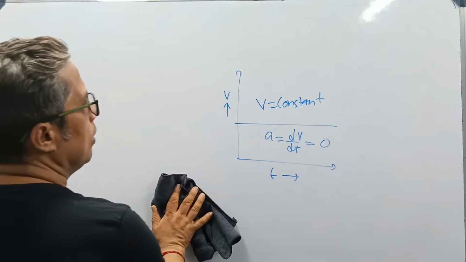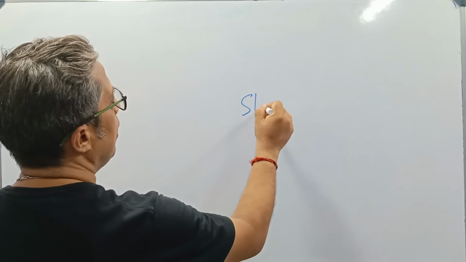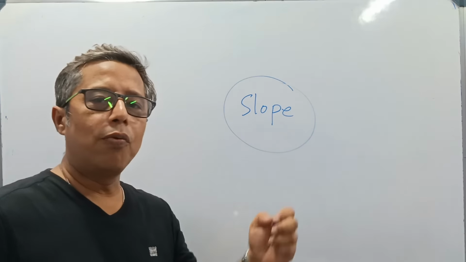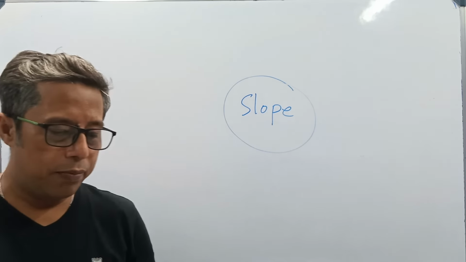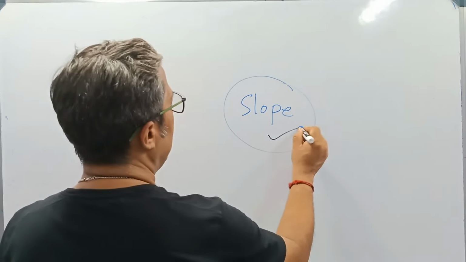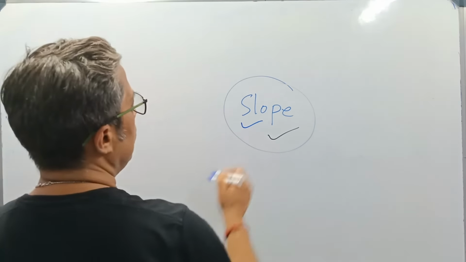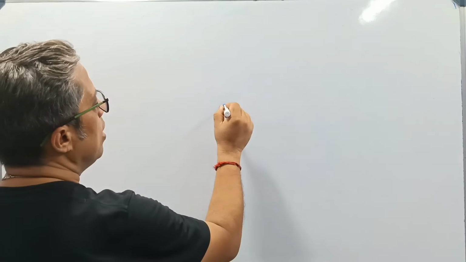Now one more interpretation: the slope. The word slope is introduced in class 8 or class 9. From class 9 physics this word has been introduced, and I have seen lots of students having confusion. Definitely they should have confusion, as they are getting these words for the first time. Now I will try to help you understand what slope is.